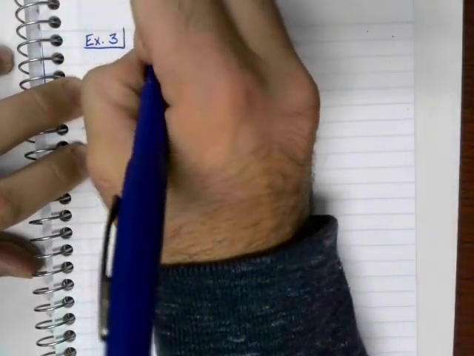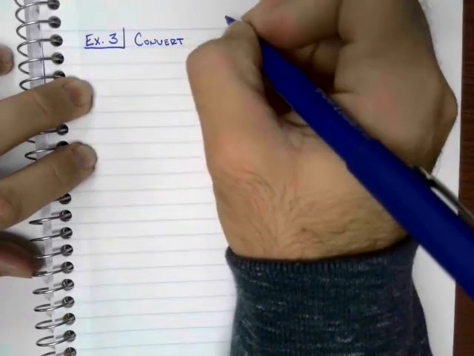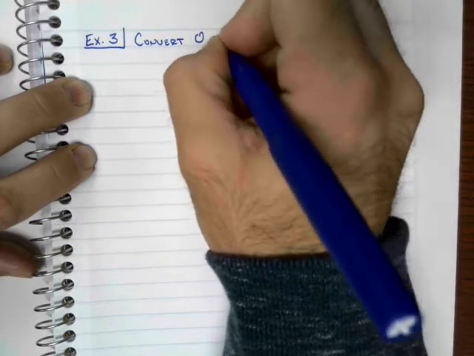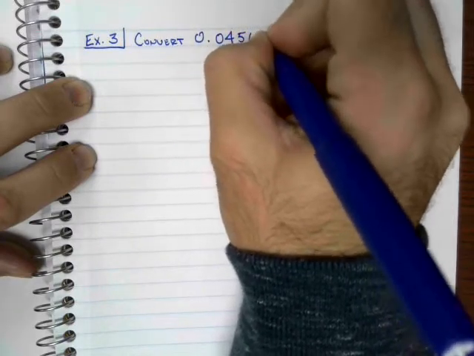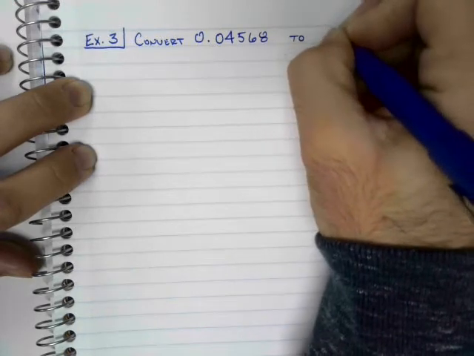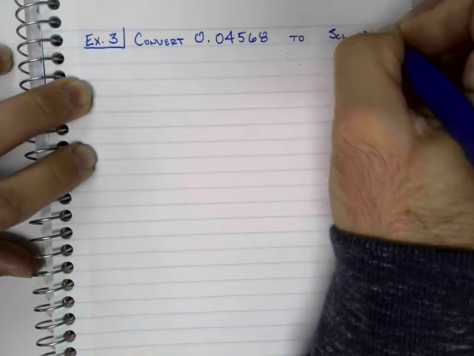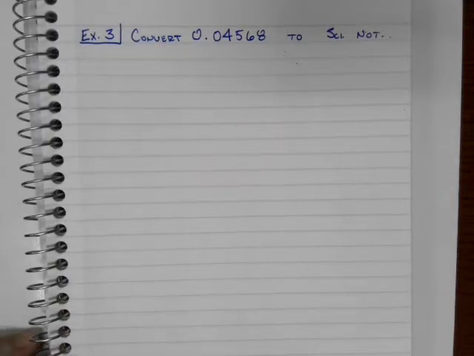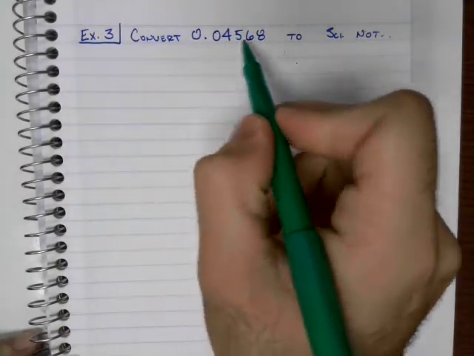Let's look at another example. We're going to convert 0.04568 to scientific notation. So when we're dealing with numbers smaller than 1, we need to find a place that makes this a number between 1 and 10.